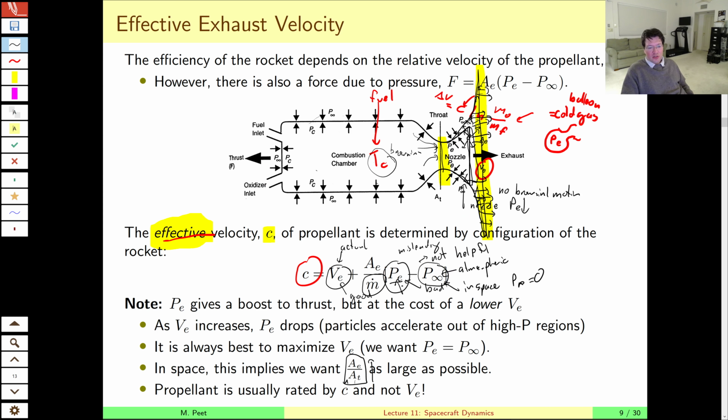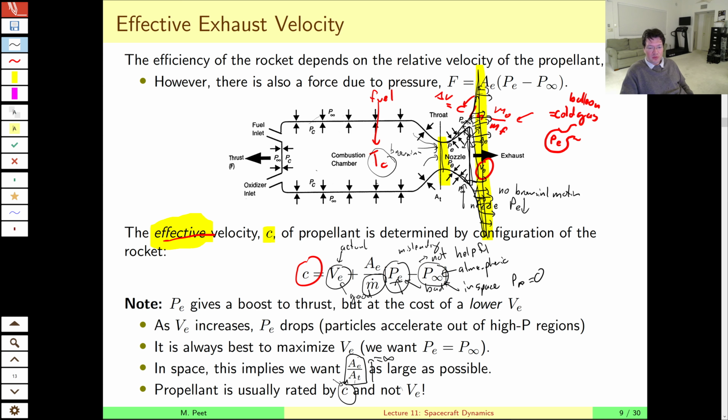Okay. So when we talk about different rocket types and how they determine the exit velocity, they will essentially assume you're in space and that this ratio equals infinity.